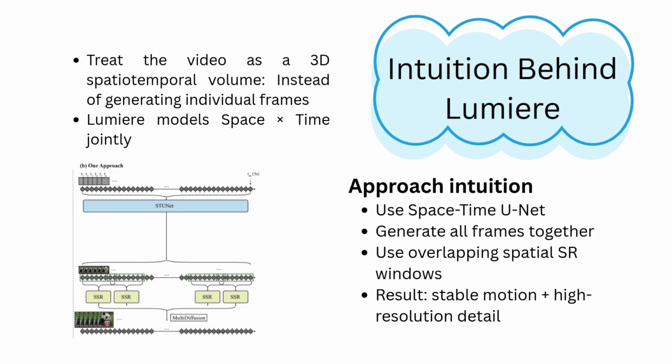Instead of temporal super resolution, Lumiere uses only spatial super resolution, applied on overlapping windows. MultiDiffusion blends these overlapping windows smoothly, preventing any seams or inconsistent patches. So the main idea: generate a globally coherent video at low resolution, and then use overlapping spatial super resolution windows to upscale it cleanly, and avoid any temporal interpolation that breaks motion.